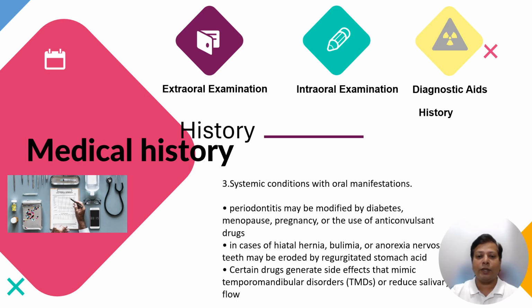Many conditions present periodontitis, which may be modified by diabetes, menopause, pregnancy, or the use of anticonvulsant drugs. In case of hiatus hernia, bulimia, and anorexia nervosa, the teeth may be eroded due to regurgitated stomach acid. Certain drugs also generate side effects that mimic TMDs and reduce salivary flow.